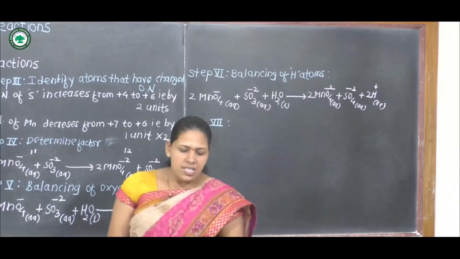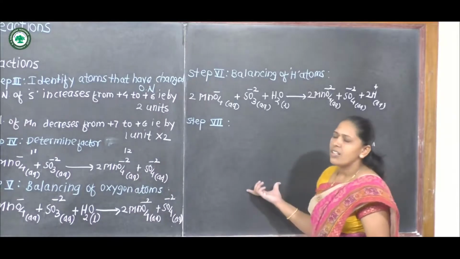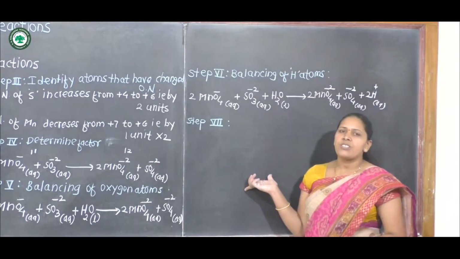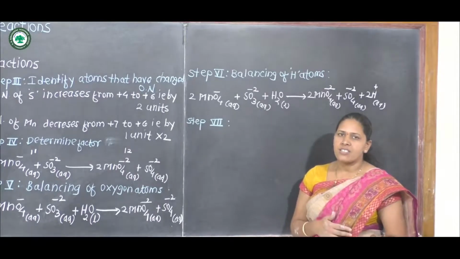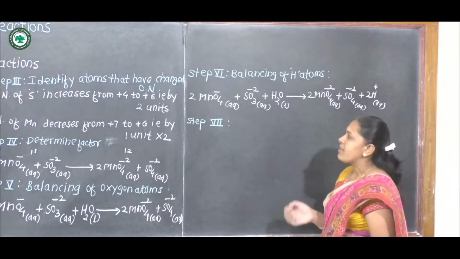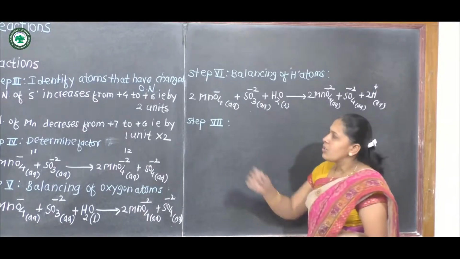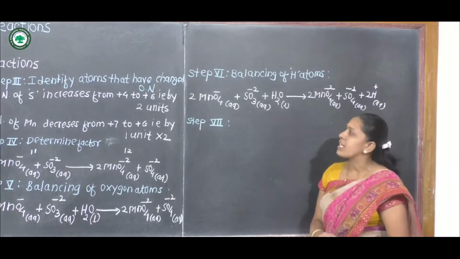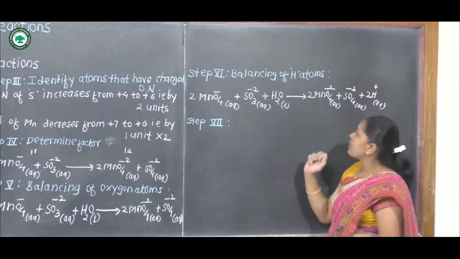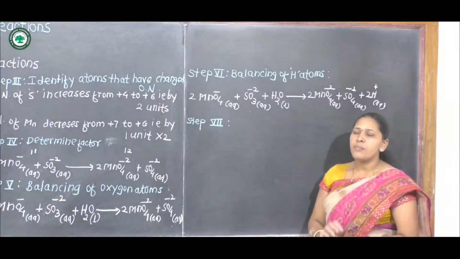Step 7th is observe the equation. You want to check the equation with respect to all atoms and charges, that it is balanced. Reactant side 2 Mn, product side 2 Mn, that is manganese. 1 sulfur, 1 sulfur. That is, manganese and sulfur are already balanced.